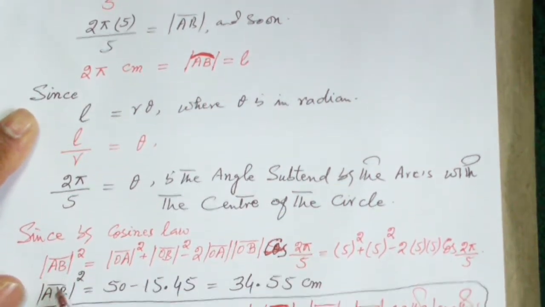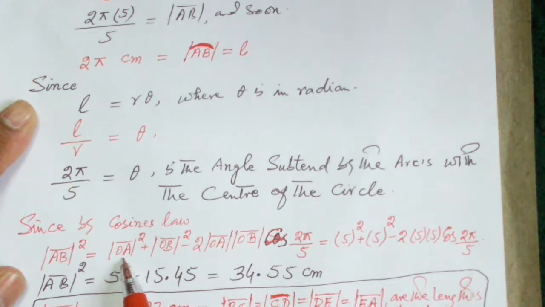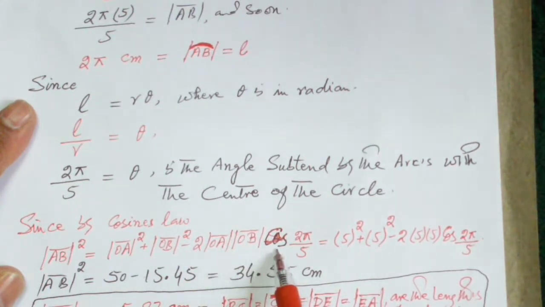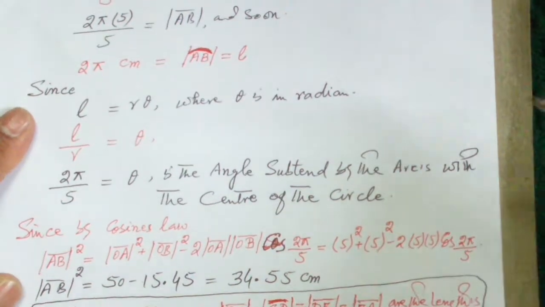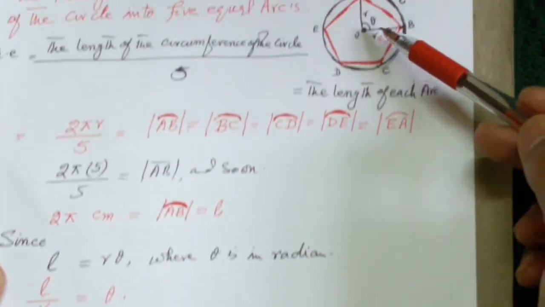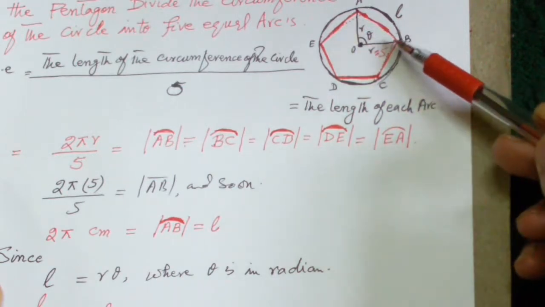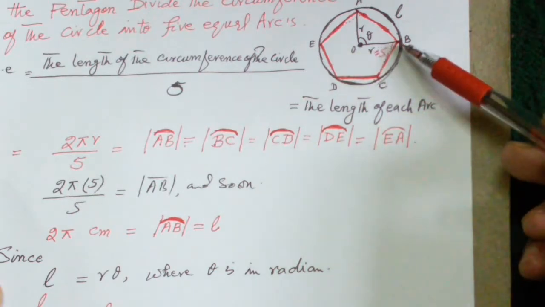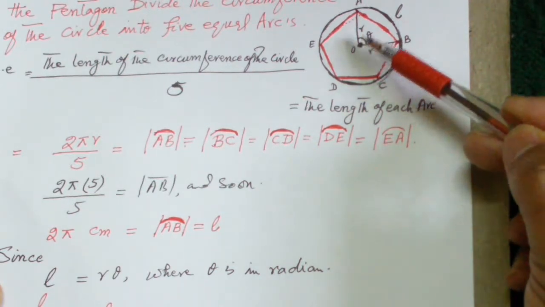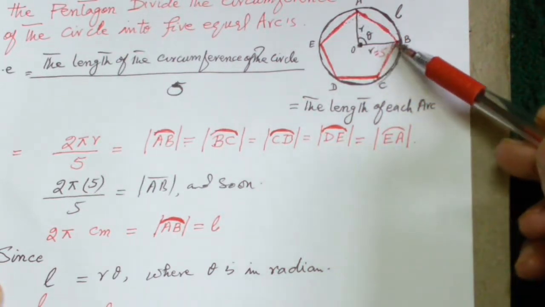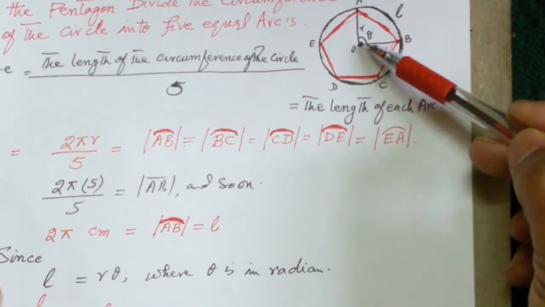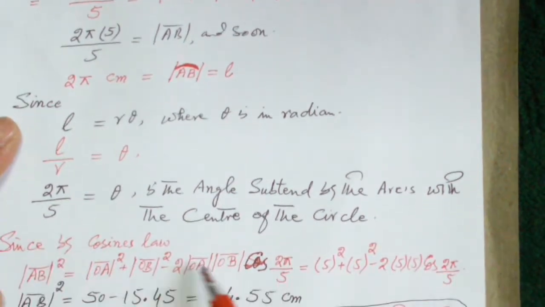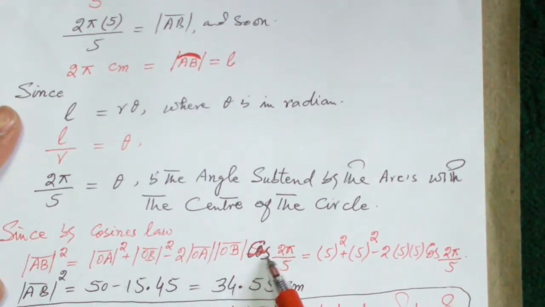So by the cosine law, AB whole square is equal to OA whole square plus OB whole square minus 2 OA OB cos of theta, where theta is equal to 2 pi divided by 5.